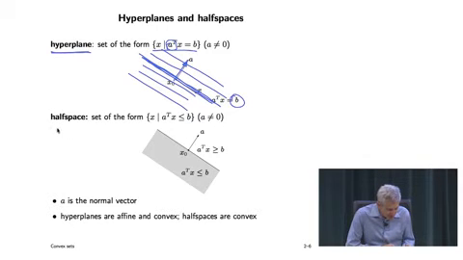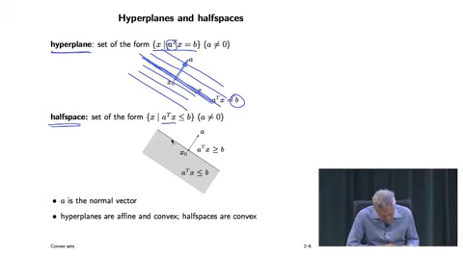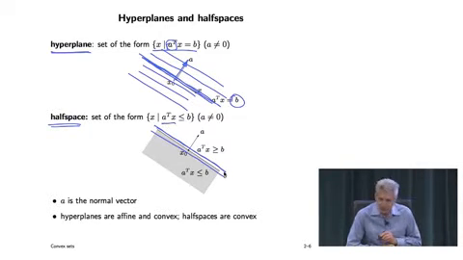A half space is the solution set of a single linear inequality. Here I say a transpose x is less than or equal to b, as opposed to being equal to b. If it's equal to b, it would be this line right here. This might be b minus 0.1, and this would be b minus 0.2, and so on.